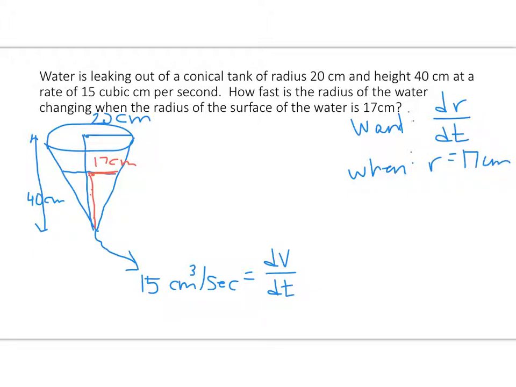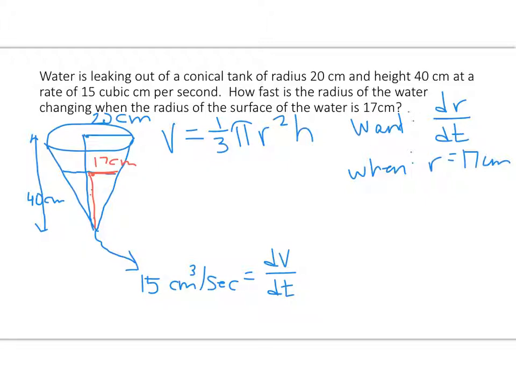When I write my equation, the volume for a conical tank is 1/3 pi r squared h. So I have an r and an h. And I need to kind of know what that h is. I don't have it fixed right now, but I need to know what it is when the radius is 17. But I want to eliminate as much as I can. So I'm going to use similar triangles.